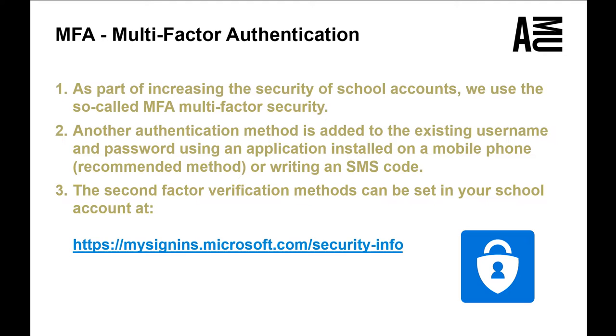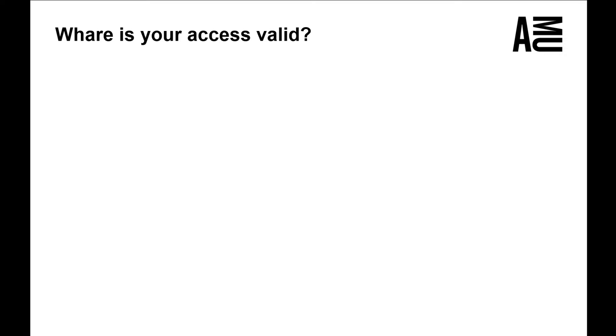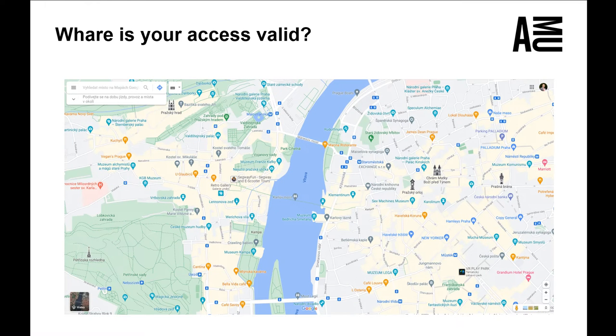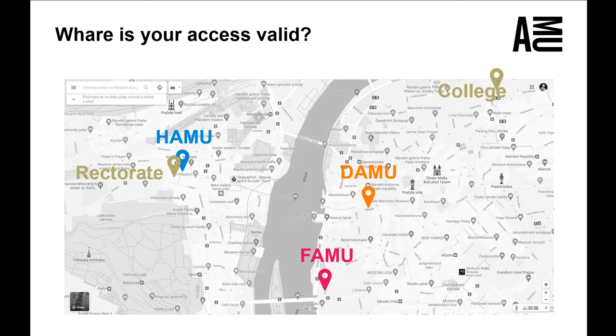Here you can see the address where you can set it up, and typically it's either a text message or an app on your phone. So we have that here at AMU too. When you get those logins, they're valid everywhere, so typically at all of our faculties, the rector's office and the dorm.